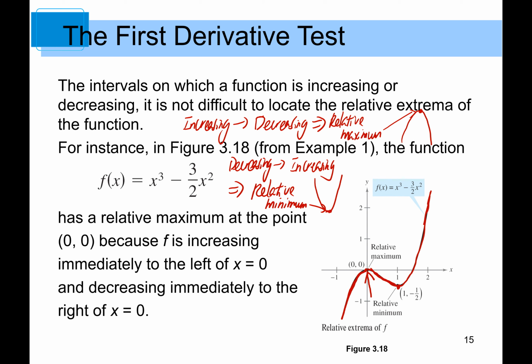So at this point, 1 and negative half, that's a relative minimum here. Okay. So you can easily use this neat rule to determine the relative extremas.